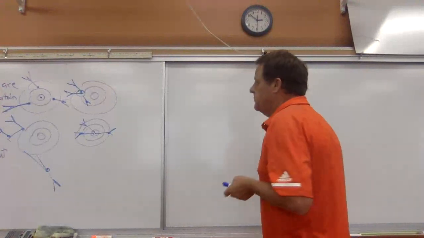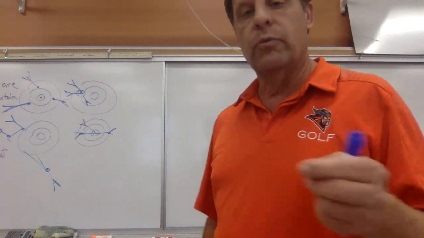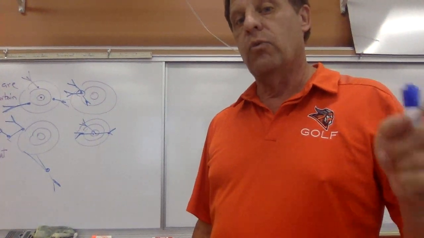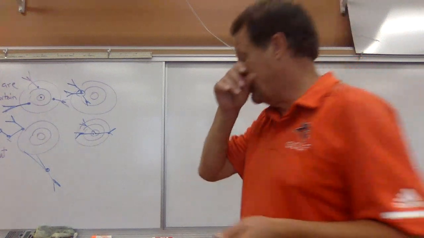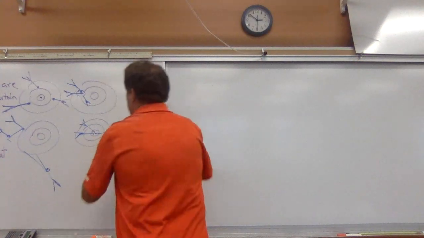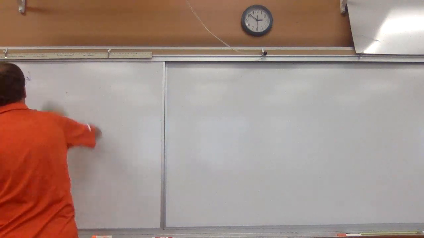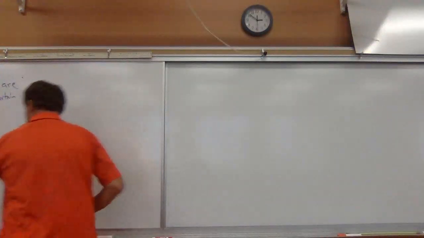Now, there is going to be a whole set of rules for significant digits, and rules for when you add and subtract, and rules for when you multiply and divide, okay? So I'm going to get rid of this.